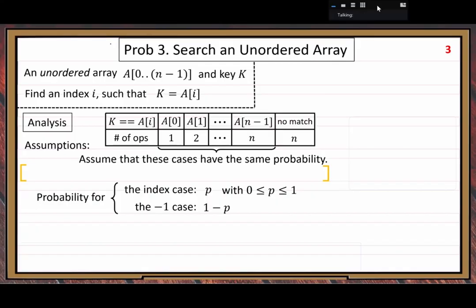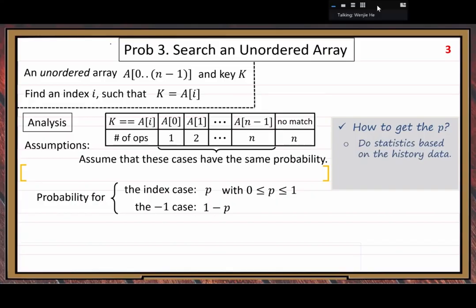Let me explain, before I do that calculation, how to get the little p probability value. Usually people do it this way: do statistics based on the history data, because you need to apply this algorithm many times in real world applications.